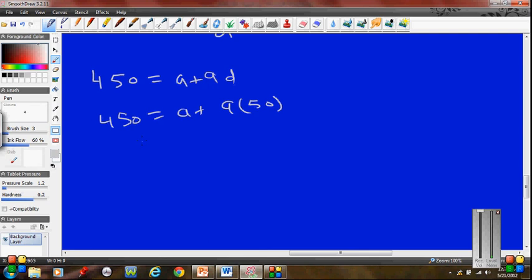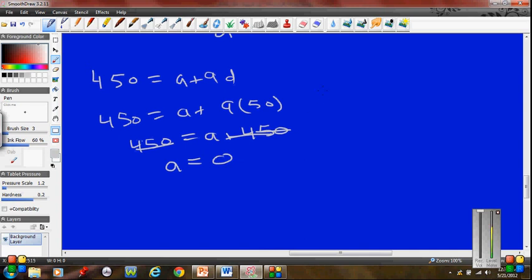And so 450 is equal to A plus 9 times 5 is 45, add a 0 as well, 450. And so if you cross this out right now, A is equal to 0.